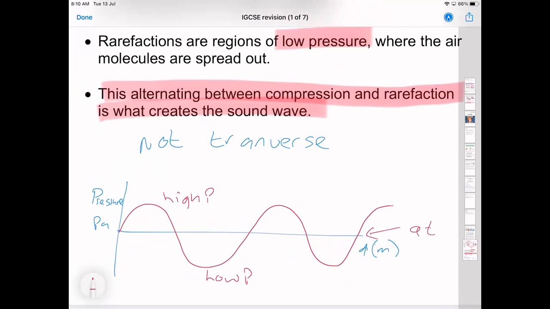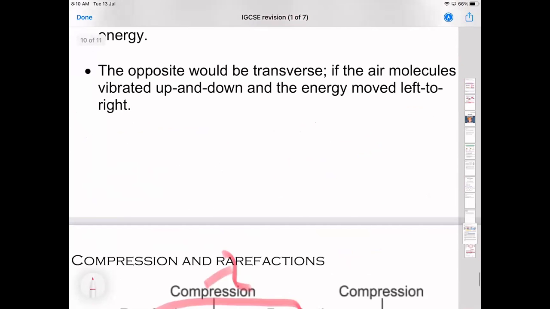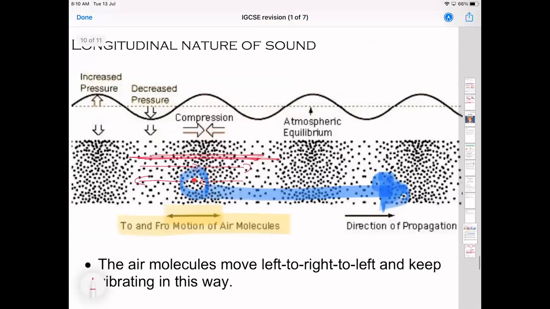This is atmospheric pressure, the normal atmospheric pressure that you would experience if the sound wave wasn't there. So when you go back over here, you can see that this portion is higher than atmospheric pressure, and this little portion over here is lower than atmospheric pressure. But atmospheric pressure is the line that's straight down the middle over there.